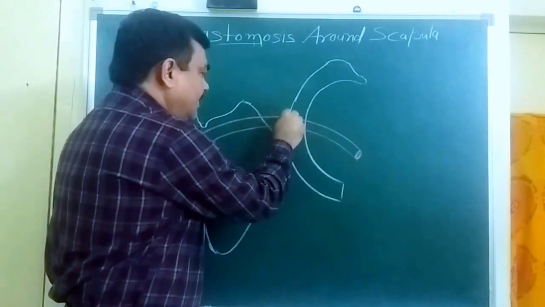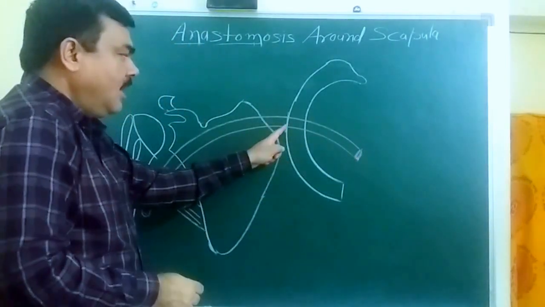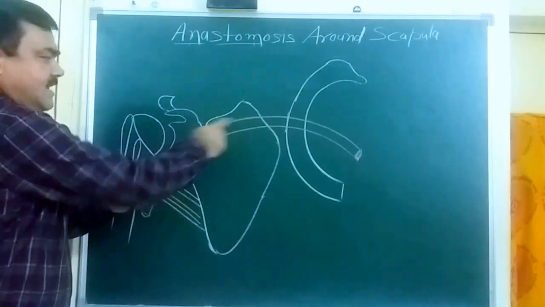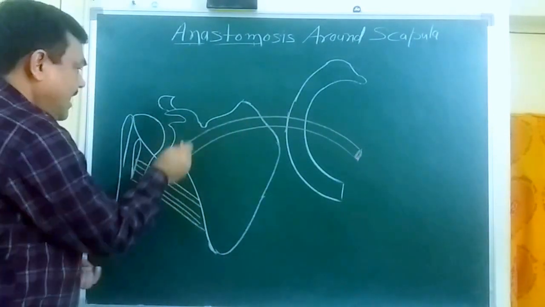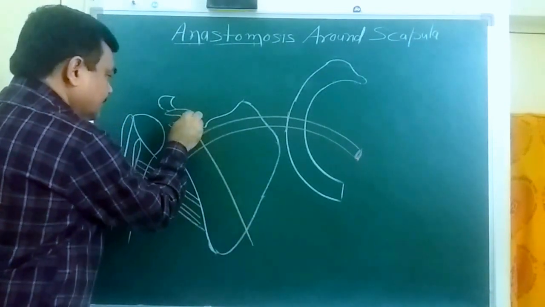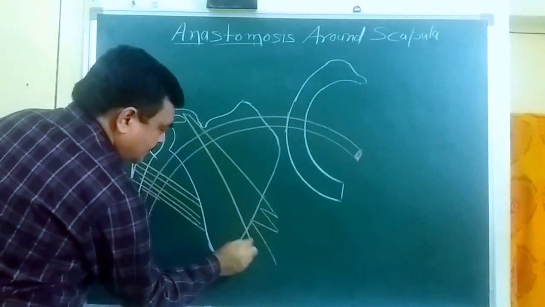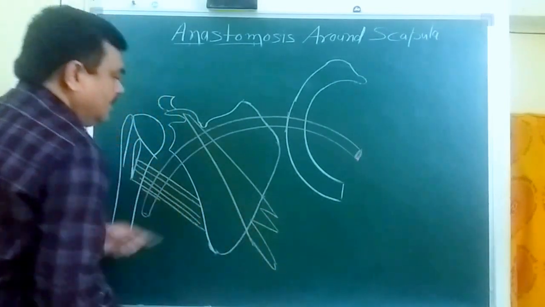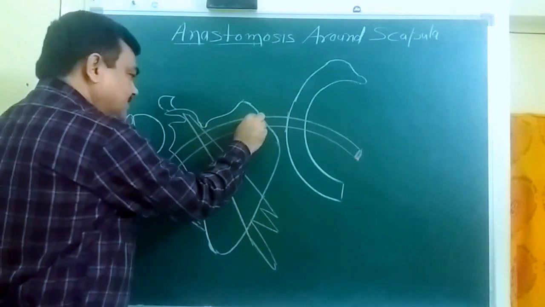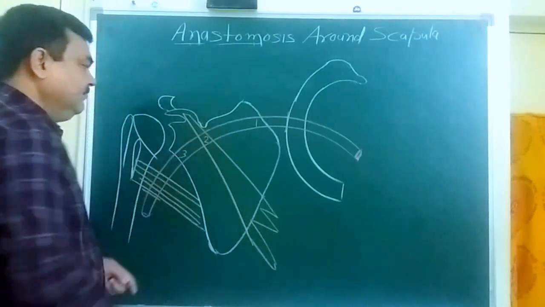From here to here, this is the subclavian artery, and from the outer border of the first rib to the lower border of teres major, this is the axillary artery. This axillary artery is divided into three parts by pectoralis minor muscle. This part is the first part, deep to this is the second part, this is the third part.